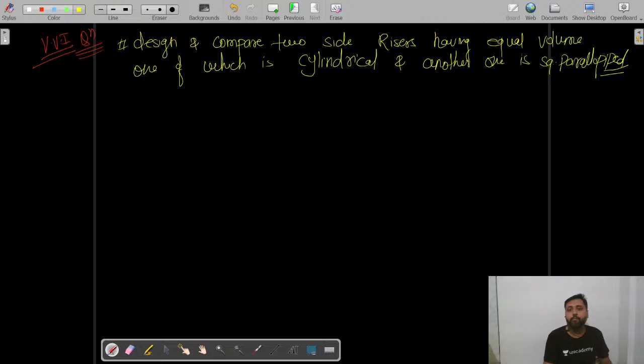You have to design and compare two side risers which have equal volume, but one of them is cylindrical and the other one is a square parallelepiped. This question is very important for the upcoming GATE examination, though it was asked in the engineering service examination.